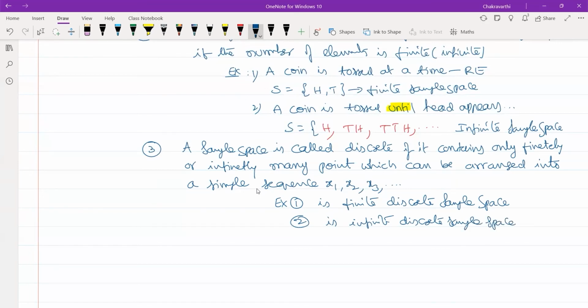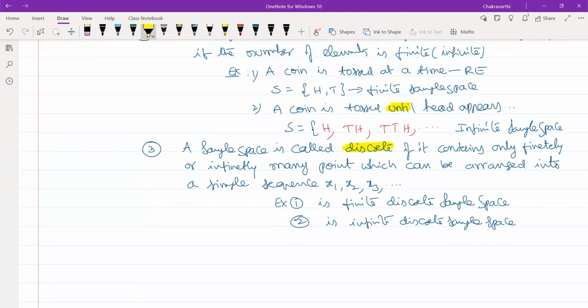To solve examination problems, we definitely have to use these techniques. But there is no continuous sample space in our syllabus. Strictly, we have to take only the discrete sample space. Remember this point: no continuous sample space. A sample space containing a non-denumerable number of points is called a continuous sample space.